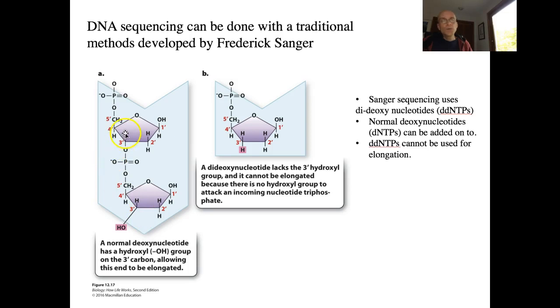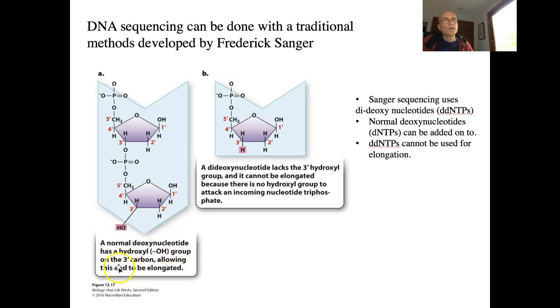So if you extend a piece of DNA, just like you would in DNA synthesis in the cell, you take a nucleotide, like this one, and you add it to the end of a DNA strand. Right? So this can make a growing strand by putting this piece of DNA onto a previously existing dinucleotide.